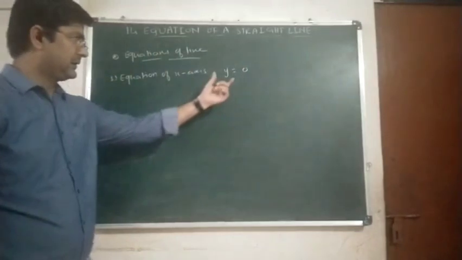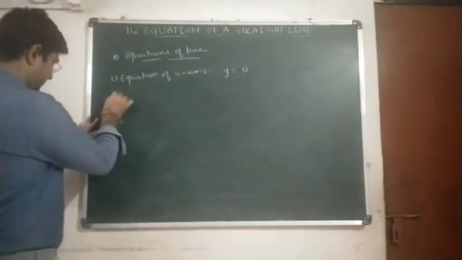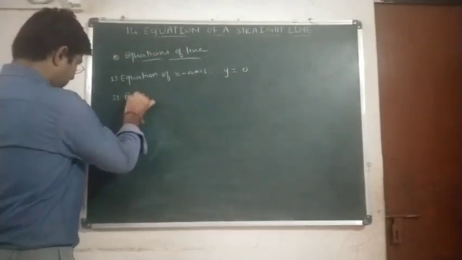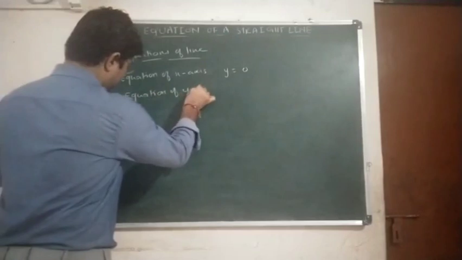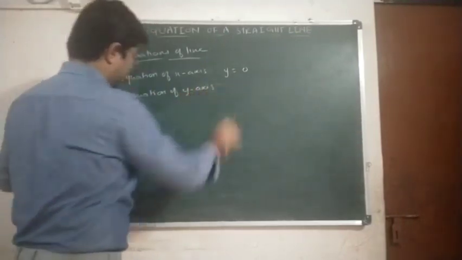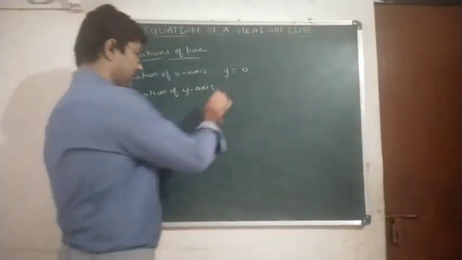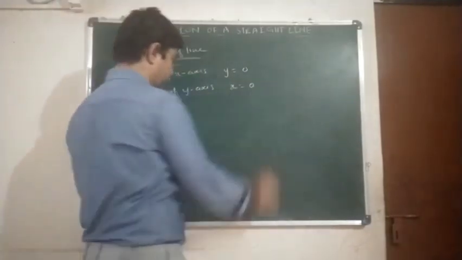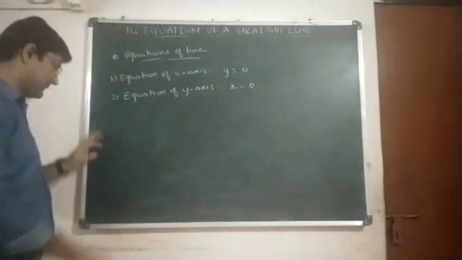Y is equal to 0 is the equation of the x-axis. Similarly, we can write the equation of the y-axis. We know that on the y-axis the x coordinate is always 0, and therefore we write x is equal to 0. Now x is equal to 0 is the equation of the y-axis.